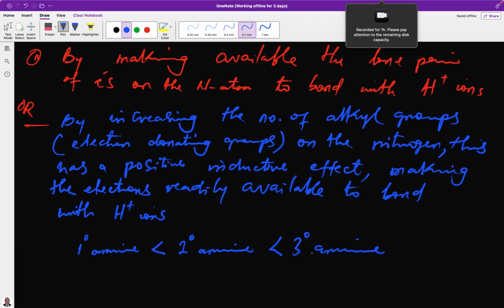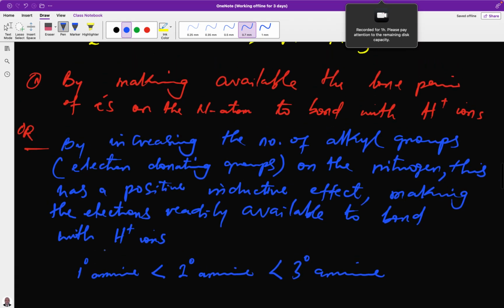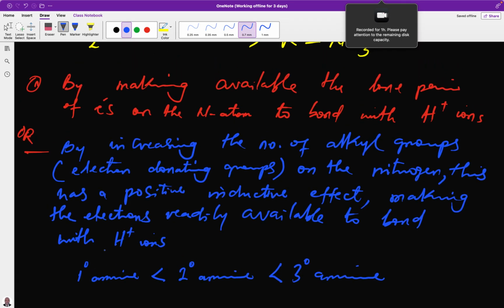The strongest base is the tertiary amine. Tertiary is stronger than secondary, secondary is stronger than primary, and primary is stronger than ammonia. So the only way to increase the basicity of an amine is by increasing the number of alkyl groups or electron donating groups.